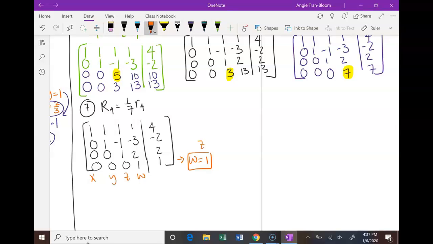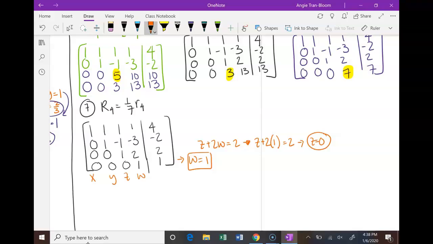We have 1z plus 2w equals 2. Well, if you know what w is, this will allow you to solve for z. z plus 2 times 1 equals 2. That means z is going to be 0. Yay! You got 2 answers.